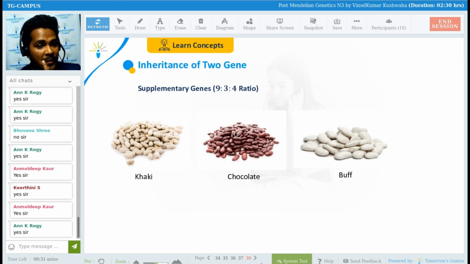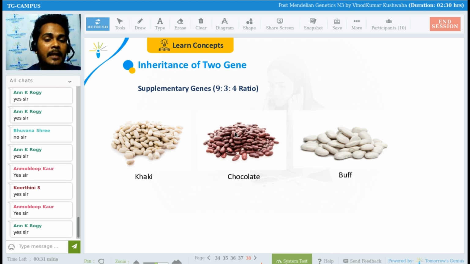Now this is the last one, that is called the supplementary gene. This is seen in the plant lub, okay, this is the name of the plant, lub. So let me first of all tell you what a supplementary gene is.